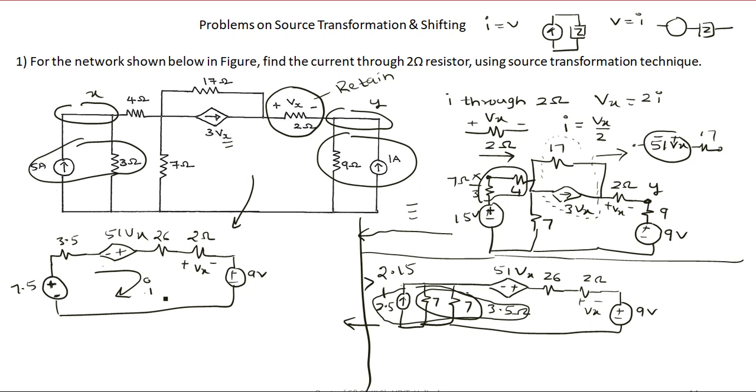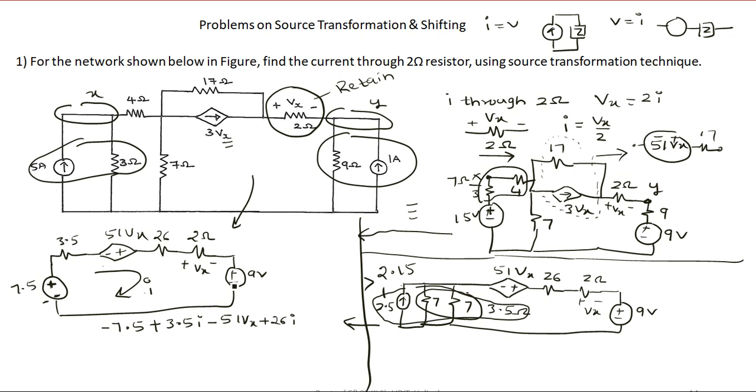And if you apply KVL to the entire loop starting from this point, so what I have, minus 7.5 plus 3.5I, then this is the voltage source, minus 51 Vx, then we have 26 here plus 26I. So here you can consider Vx as well.